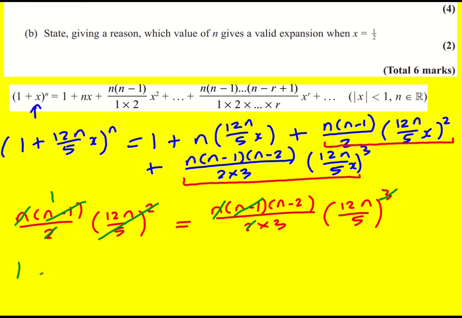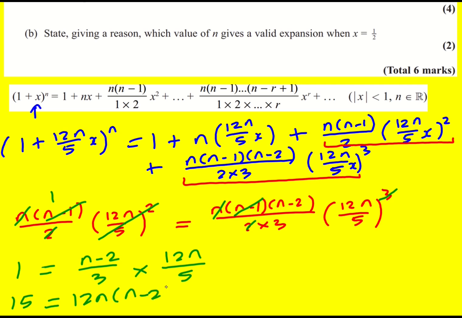So 1 is equal to n minus 2 over 3 multiplied by 12n over 5. I'm going to times through by 15. 15 is equal to 12n times n minus 2. And I've got myself a quadratic.